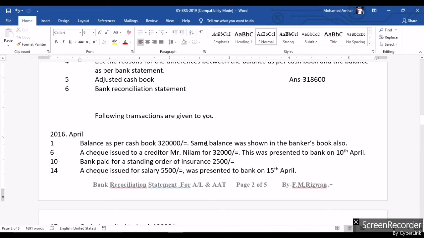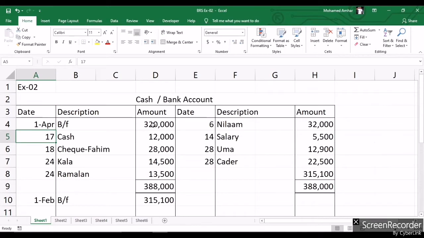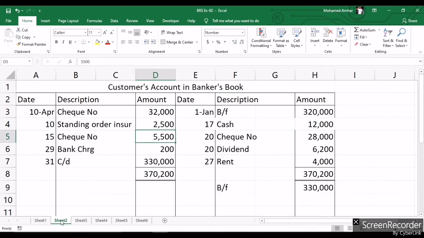And the same balance was shown in the banker's book also, right? So the same balance 320,000 is shown in the bank maintaining customer's ledger also. Here this is the customer's ledger, this is maintained by the bank.